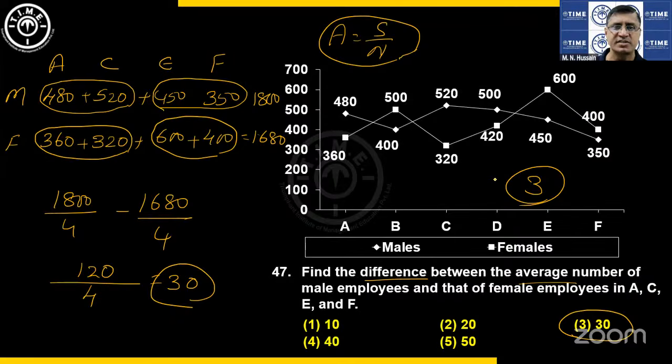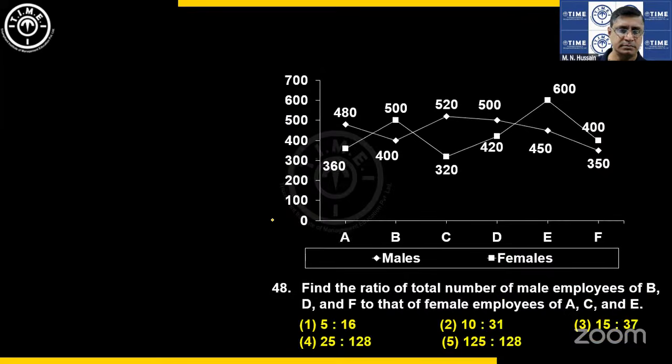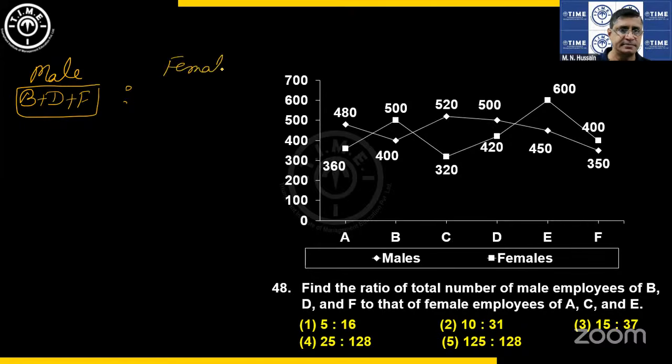Now look at the next example on your screen. Find the ratio of the total number of male employees of B, D, and F to the female employees of A, C, E. Now, BDF male.